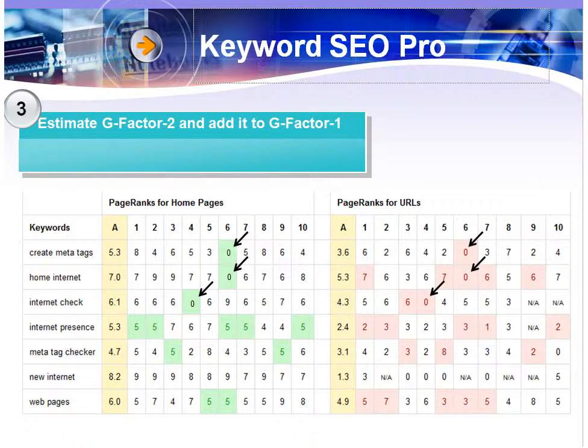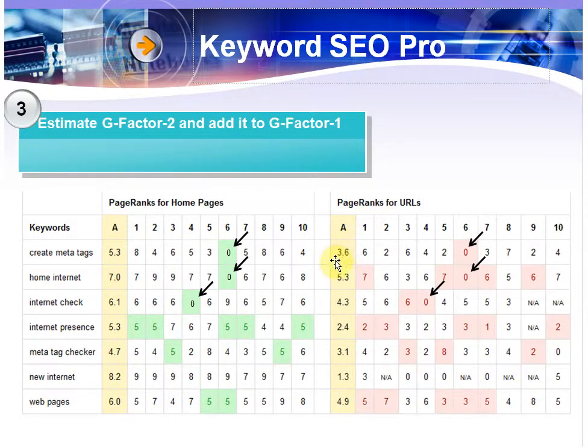As option 1 and option 2 seem to have major faults, we now need to give serious thought to option 3, guesstimating a value for G-Factor 2 and adding it in to the G-Factor 1 value.